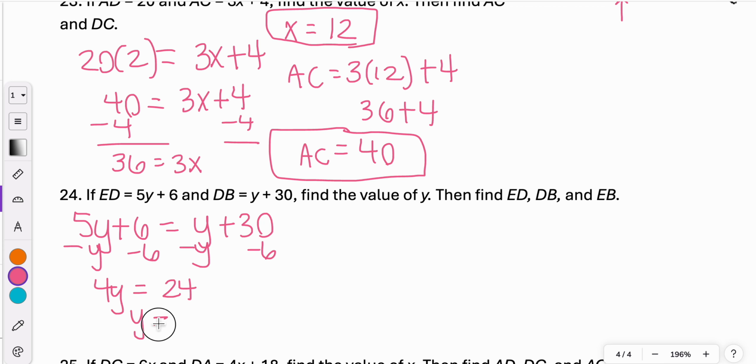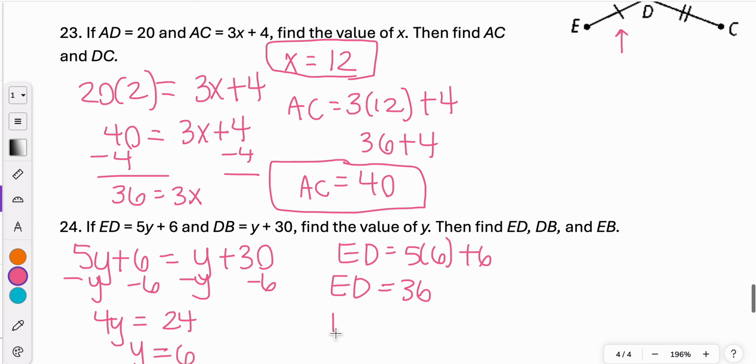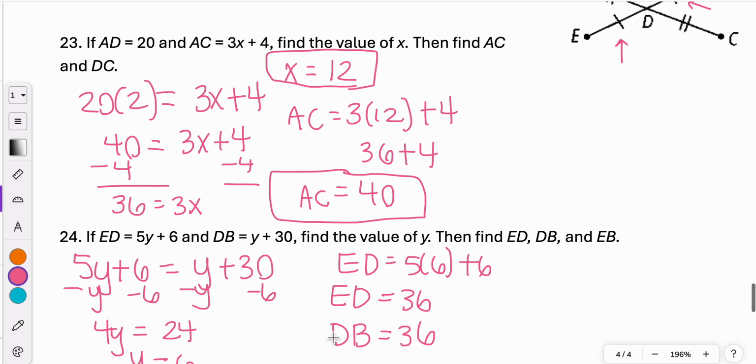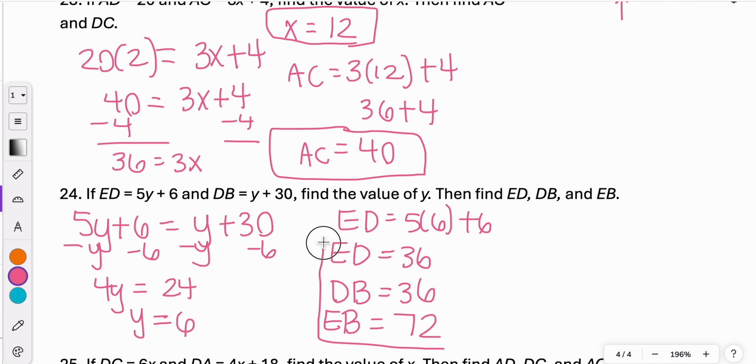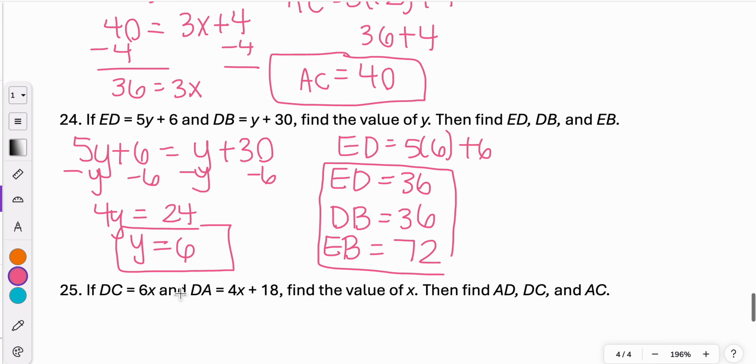So y is equal to 6, step 1. Then ED is 5 times 6 plus 6, or 30 plus 6, which would be 36. Now if ED is 36, that also means DB is 36. And then EB, that entire length, I would just add them together. I'm going to get 72. So here are my segments that I was looking for and the value of y.